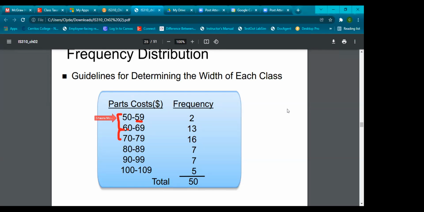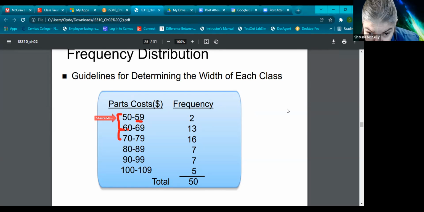You take 1 off. So if this is 60, this is 59. See, this is 70, so take 1 off, you get 69. Take 1 off of 80, you get 79.